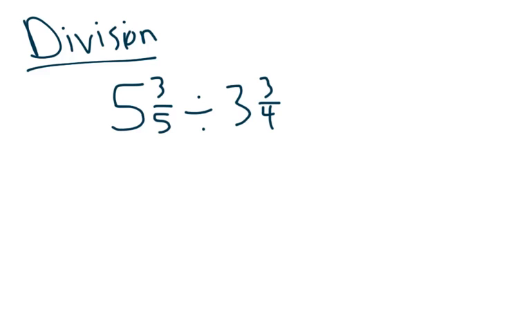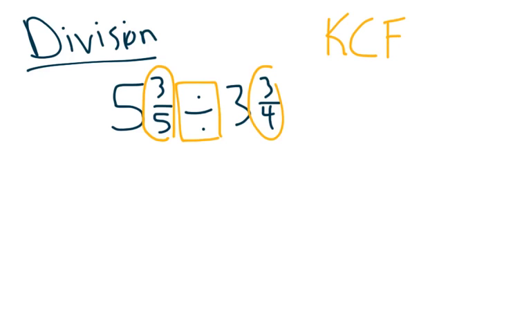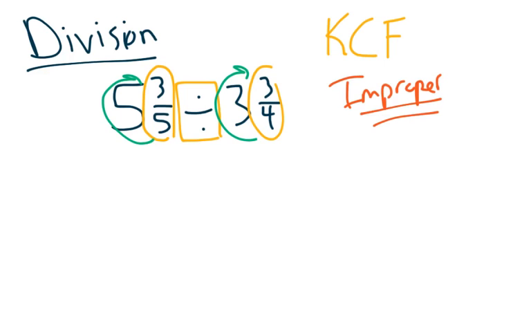Okay, we see fractions and we see a division sign. We have to think, keep, change, flip. We will do that, but again, we need to have improper fractions. So that is the first thing we have to do. So we'll make our improper fraction using the C trick.